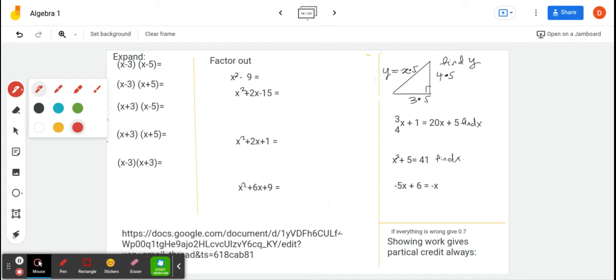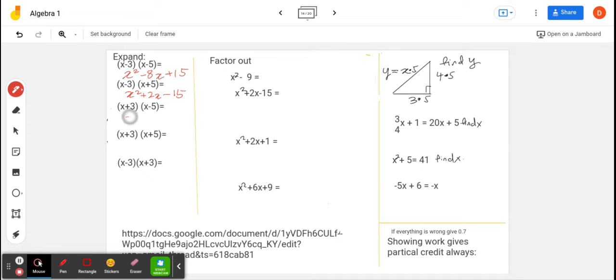If I was a person that did, I would go for this one first because it's so much easier, but let's do it in order. So x squared, right? Minus minus, so it's minus 8x plus 15. Comment down below if I got that one wrong, but I think I got it right. X squared, and that's plus 2x minus 15.